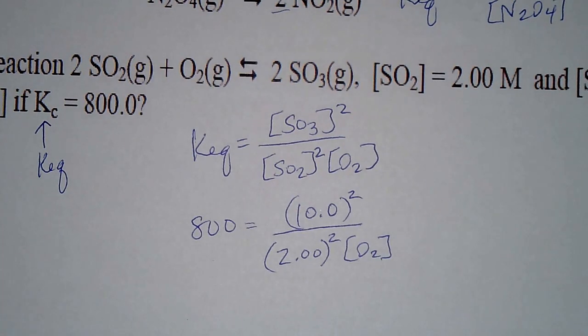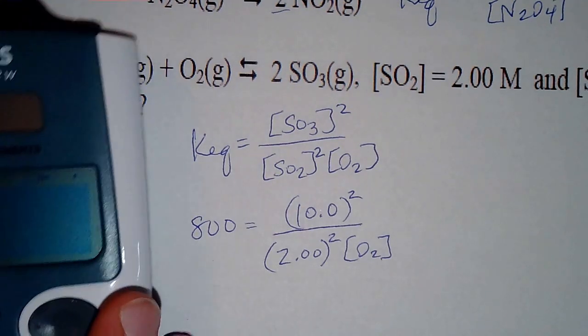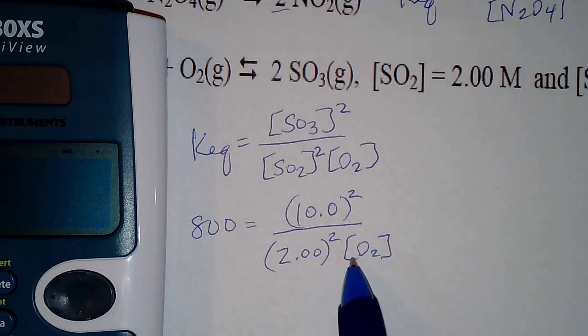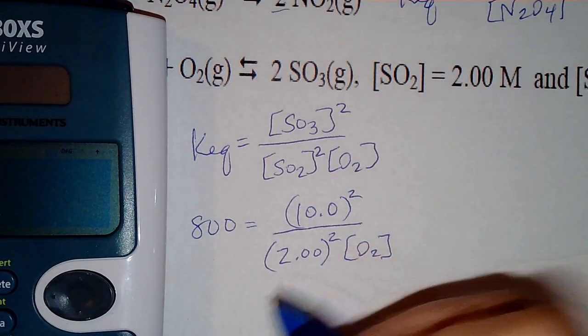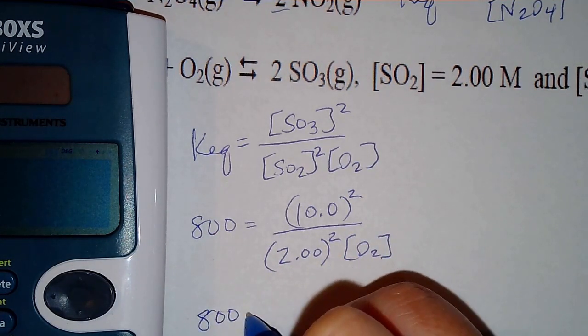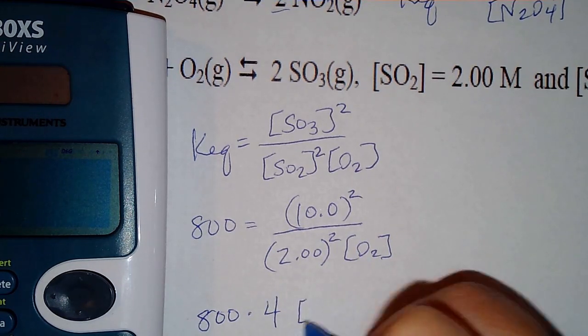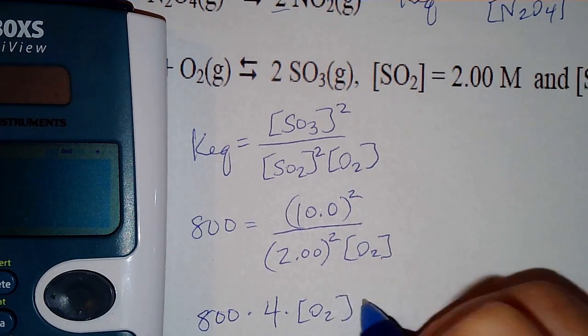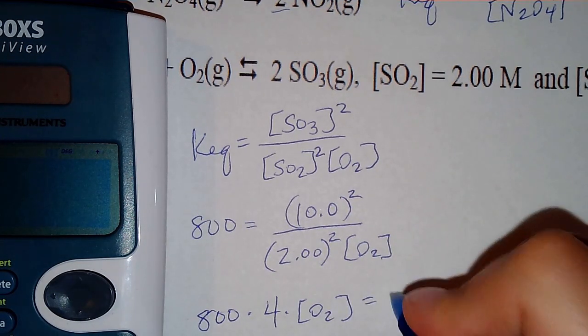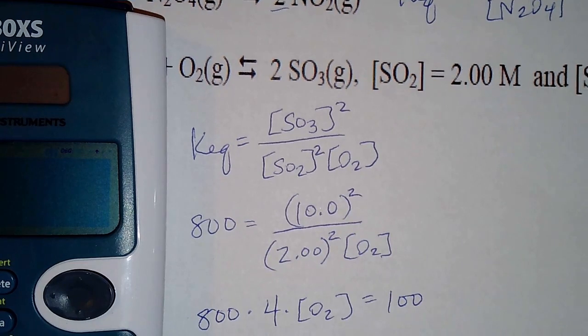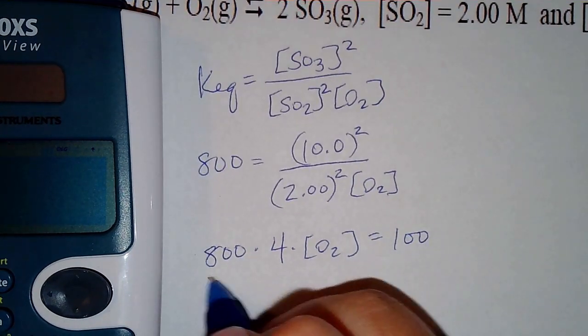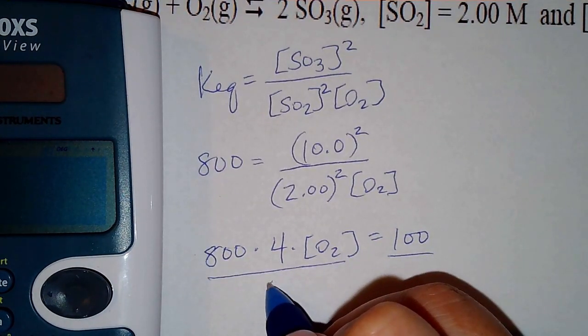Alright, so the first thing I'm going to do is move everything on the bottom over here. So I'm going to have 800 times 2 squared is 4 times O2 equals 10 squared is 100. Then we can divide by the 800 times 4.